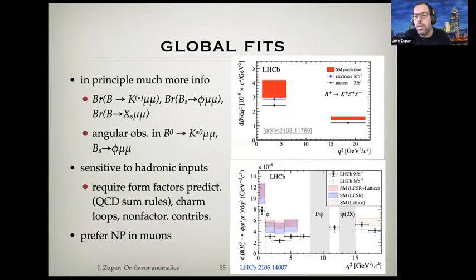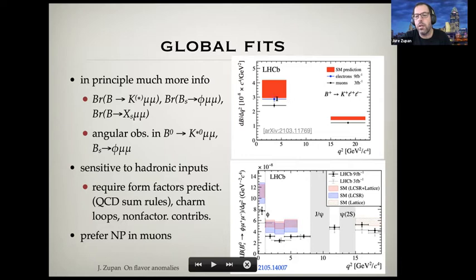Another interesting thing is that there are many more observables that you can compare the standard model with the experiment: different branching ratios and angular observables. So for instance, I'm just showing two figures. For instance, you could have B to K mu plus mu minus either to electrons or muons.